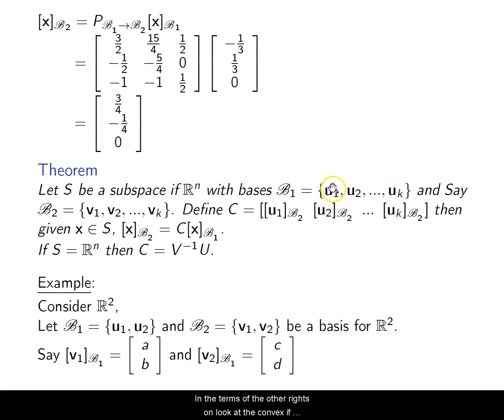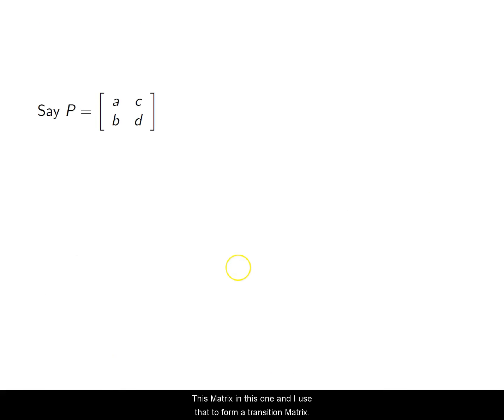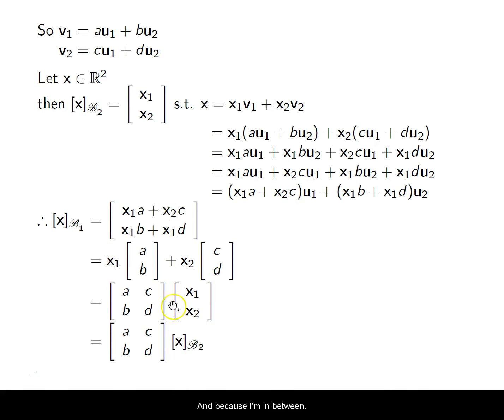So I'm looking at the column vectors of U1 in the basis of B2, okay? And that's what I did here. So I took the representation of this matrix in this form and I used that to form a transition matrix. Okay, so know that P is the transformation from B2 to B1. Again, because I'm in B2 and I'm looking at what I look like in B1.